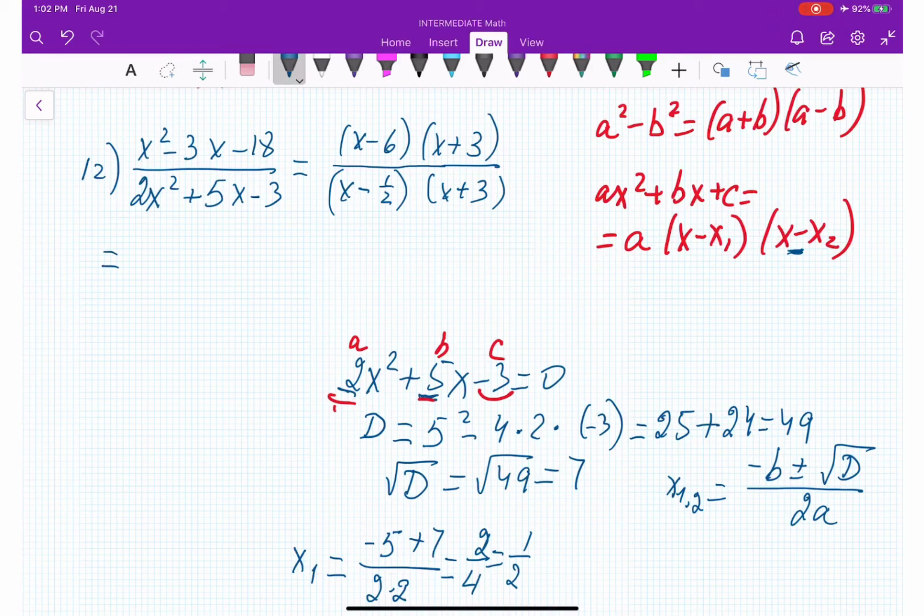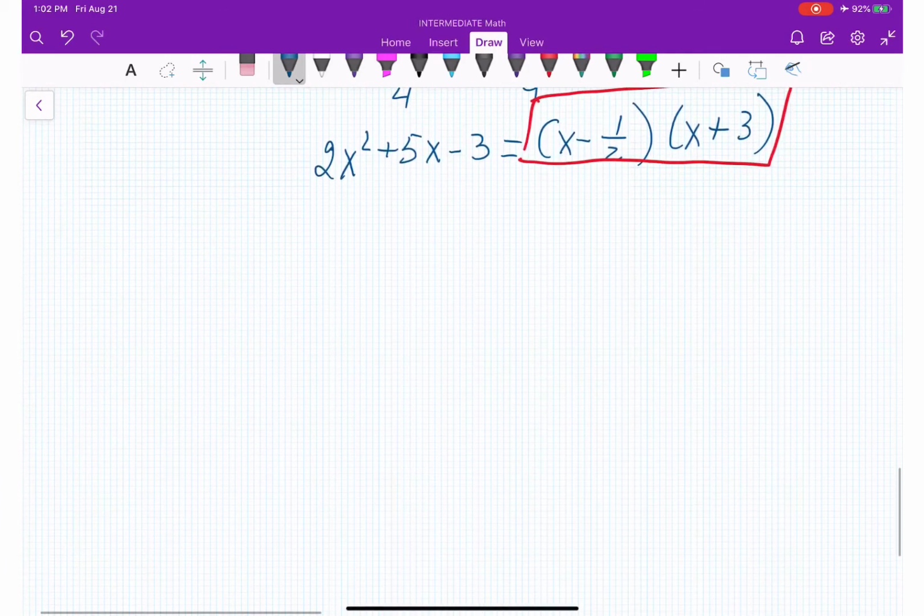First of all, x plus 3 can be cancelled with x plus 3, and as a result we get x minus 6. Now x minus 1/2, I can bring these two here, we'll get 2x minus 1. Okay, and that is going to be our final answer.